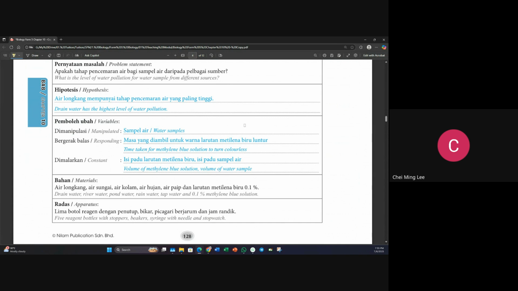The responding variable will be the time taken for the methylene blue solution to turn colorless, or decolorize. For the constant variables, the volume of methylene blue solution should be fixed, and the volume of water sample should be fixed as well. The materials involved are river water, drain water, pond water, rainwater, tap water, and also, do not forget 0.1% methylene blue solution.